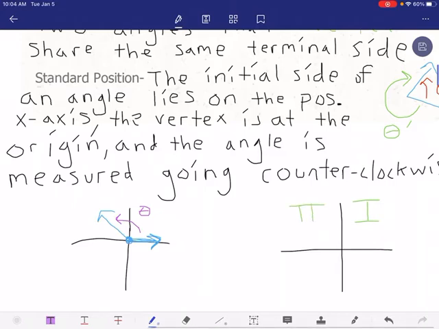So this would be quadrant 2 in the upper left-hand corner. In the bottom left-hand corner would be quadrant 3, and in the bottom right-hand corner would be quadrant 4. And that's going to be a good way to describe which area of our coordinate plane we're in, is just to say my terminal side is in quadrant 3, and then I know which space or area we're talking about.